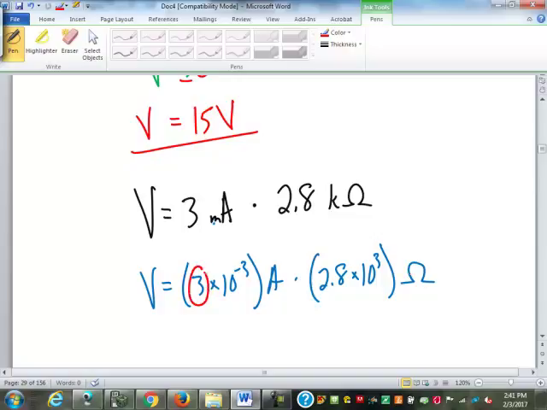We're going to multiply. 3 times 2.8 is 8.4. Now we did our multiplying with our powers of 10 a little bit last week and a lot on Wednesday. 10 to the negative 3 times 10 to the third.